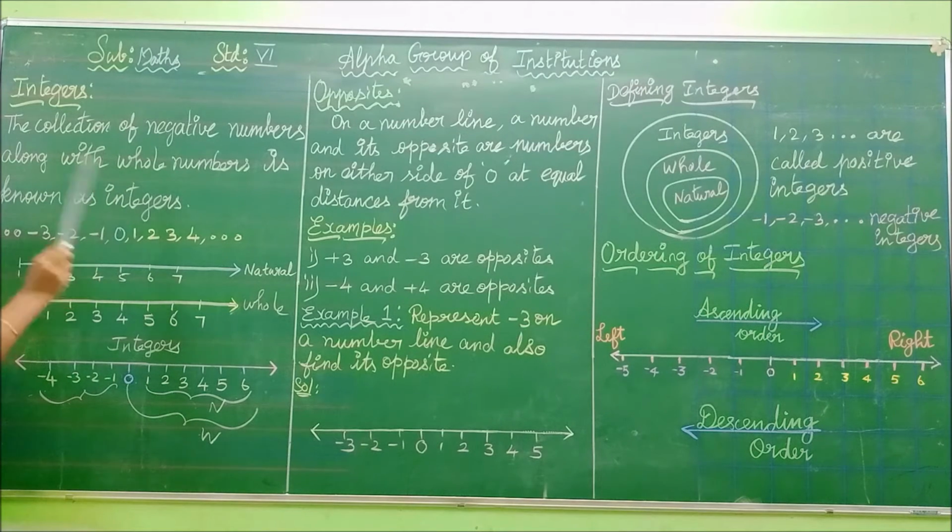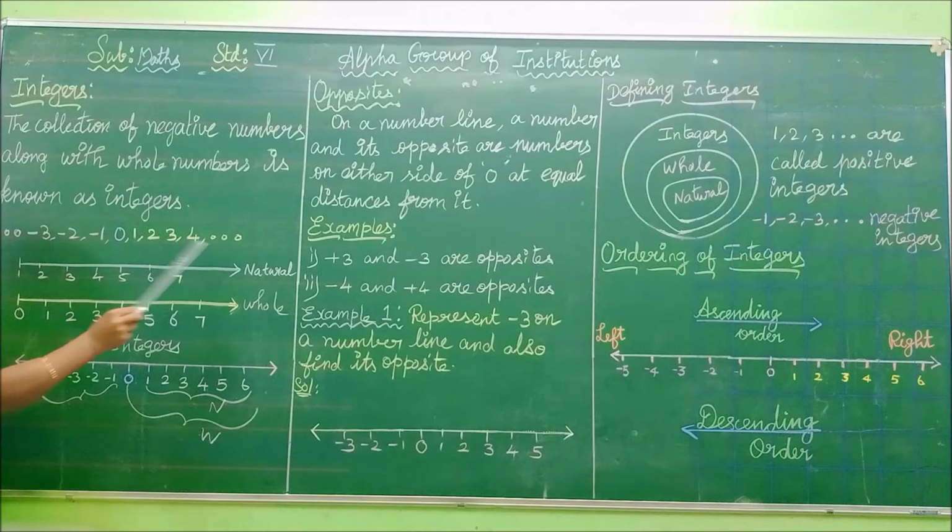Do you understand, children? Also we can define integers as it contains negative numbers, 0 and positive numbers. Also we can call them as positive integers as well as negative integers. We can call 1, 2, 3, 4, etc. as positive integers or positive numbers. Similarly, -1, -2, -3 are said to be negative integers or negative numbers.